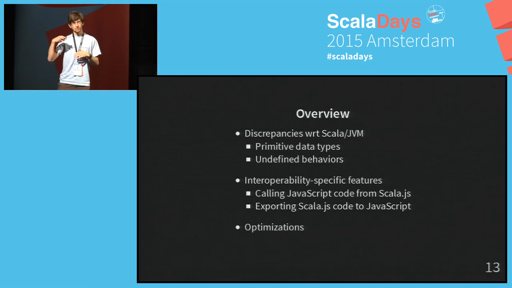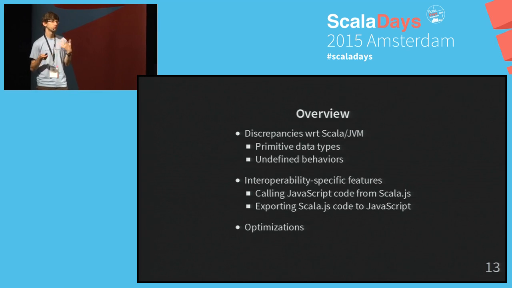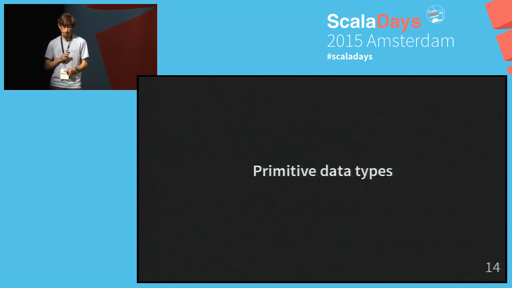And then we'll cover semantics that are added to the dialect so that we can support interoperability. And I have a small section about what this enables in terms of optimizations.